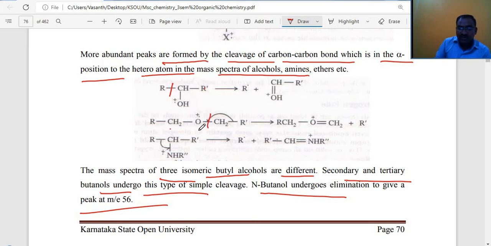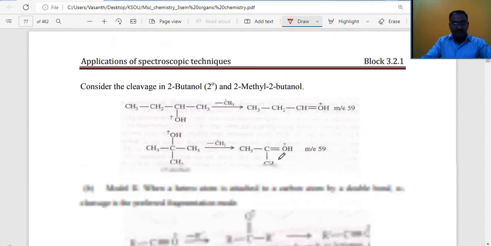Here also, breaking of this bond, R-CH=O. Here too, cleavage of this bond. In amines, the molecule also undergoes cleavage of this bond, giving R-CH=NH-R.